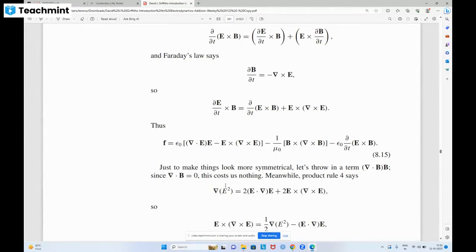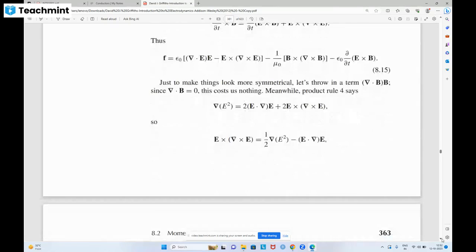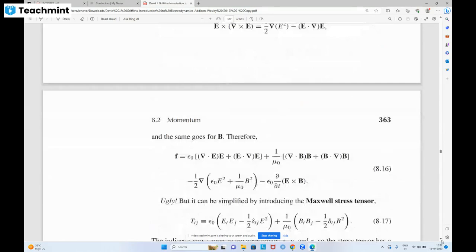Meanwhile, product rule 4 says that the gradient of E squared is equal to 2E dot del E plus 2E cross curl of E. We can write it as E cross curl of E is equal to half of the gradient of E squared minus (E dot del) E. Now the same goes for B also. So we can express B in the same manner. And so we now have the equation for f.